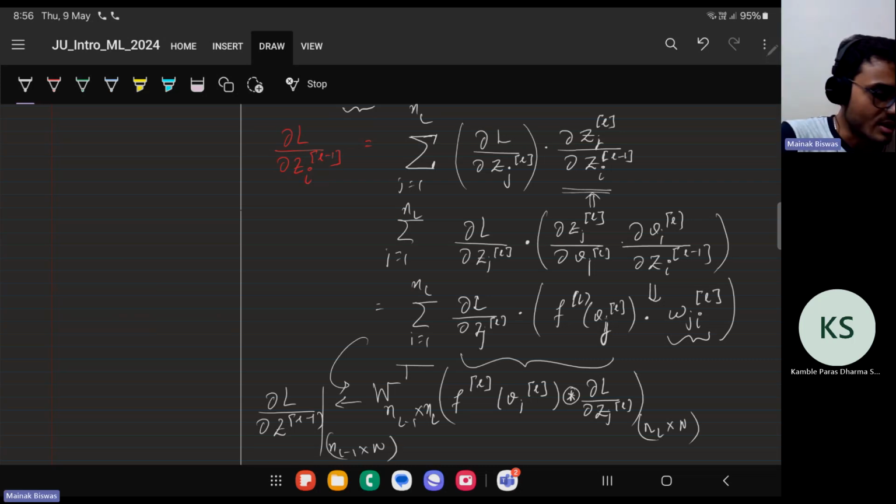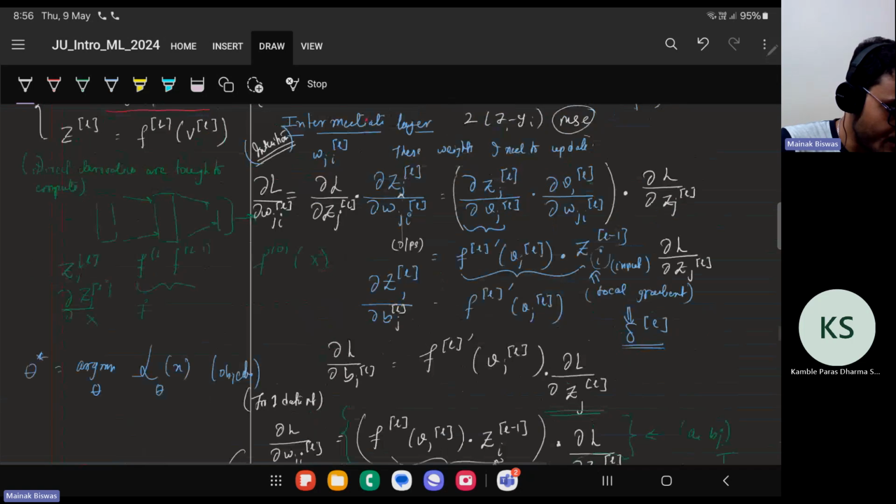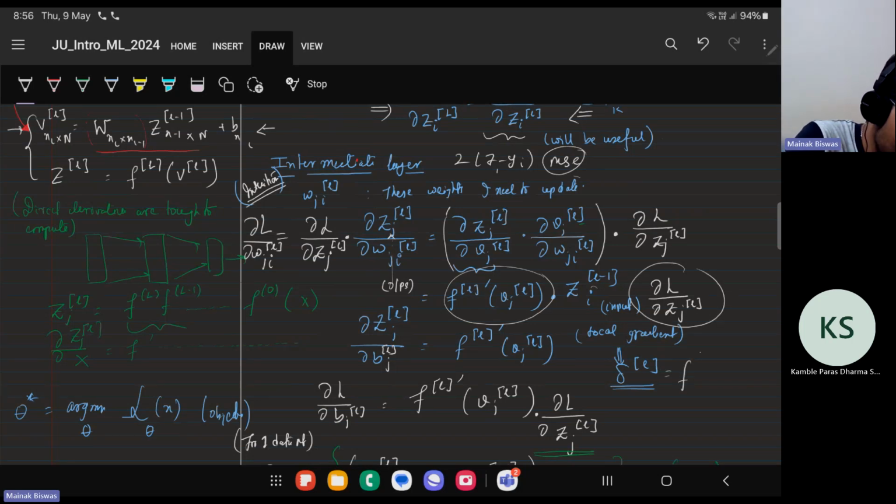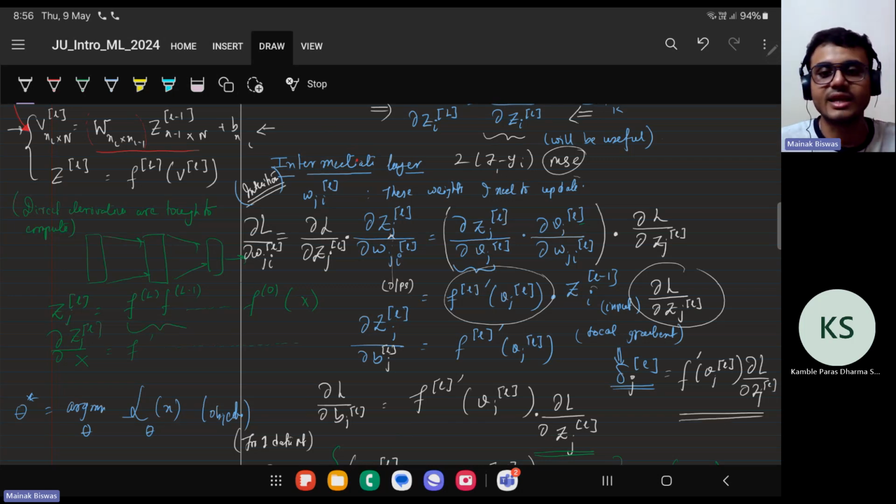I'm sorry, I defined the local gradient in a bit of a wrong way. The local gradient is not defined over i's and j's. The local gradient is defined over both the j's, these two. So the local gradient is defined as dZ_j of L over dV_j of L. Both in layer L, where you have a scalar multiplication, is what you define as the local gradient.